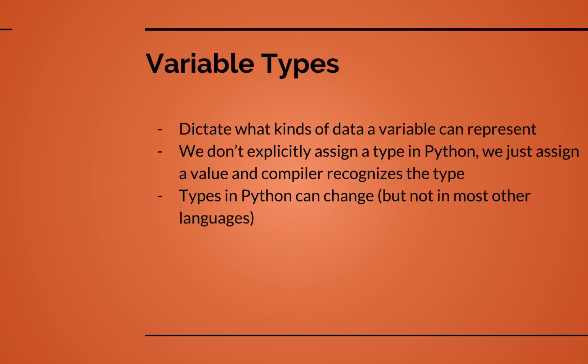Python, however, being really flexible, will allow you to do that. You can totally change the type of variable as the program goes on. This is great in terms of adding extra flexibility, but that also forces us to perform checks to make sure we know what kind of data we're dealing with, because if we try to feed, let's say, text data into a numerical operation, it's probably not going to work.